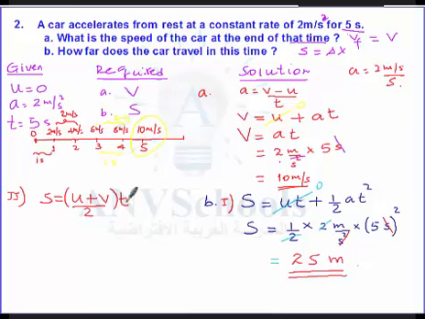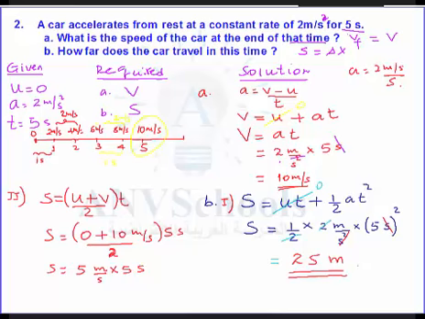So the distance will be the initial speed 0 plus 10 meters per second, divided by 2, multiplied by time, 5 seconds. 0 plus 10 is 10, 10 divided by 2 is 5 meters per second, multiplied by 5 seconds. Now you cancel out the seconds, and the total distance will be 5 times 5, that is 25 meters, which is the same.